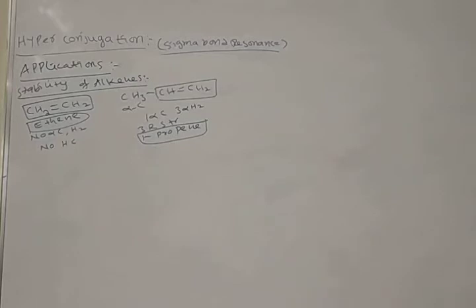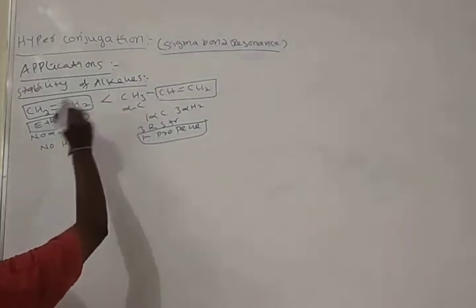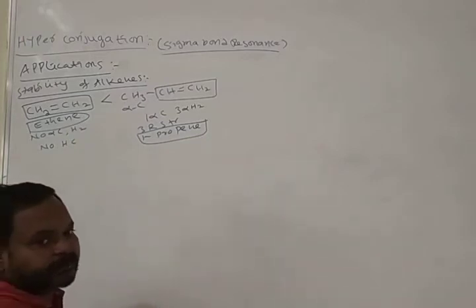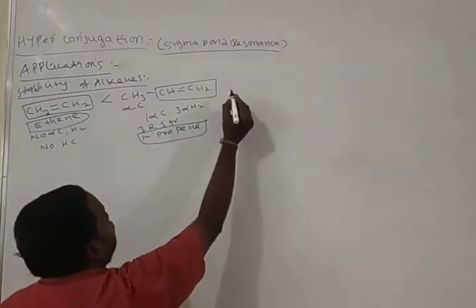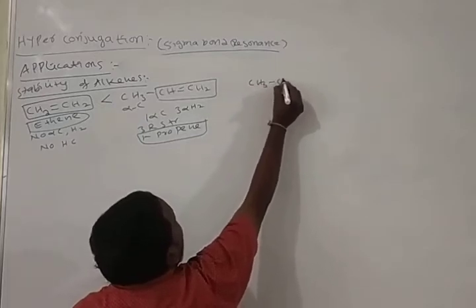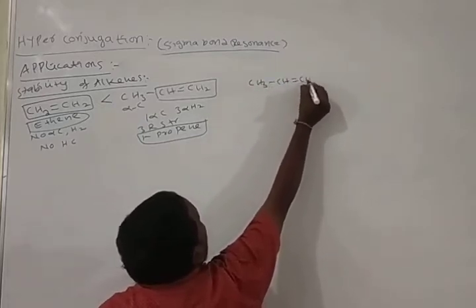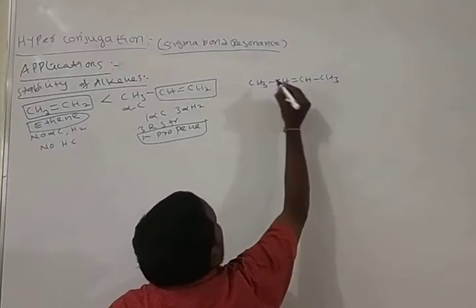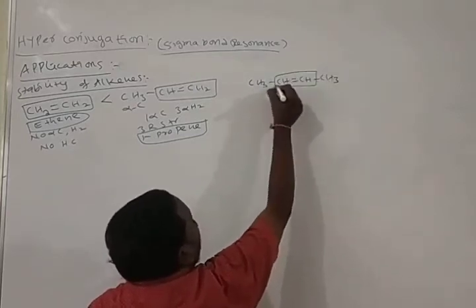So 1-propene is more stable than ethene. Okay, here I am taking one more molecule, CH3, CH double bond CH3. Here it is a functional group.